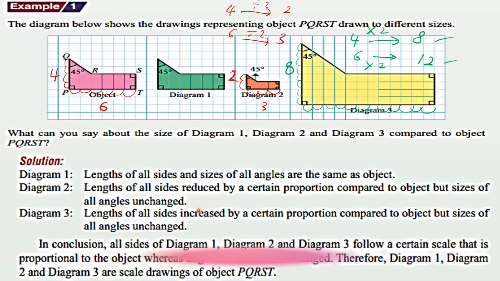So in conclusion, all sides in diagrams 1, 2 and 3 follow a certain scale that is proportional to the object, whereas angle size remains unchanged. Therefore, diagrams 1, 2 and 3 are scale drawings of object PQRST.